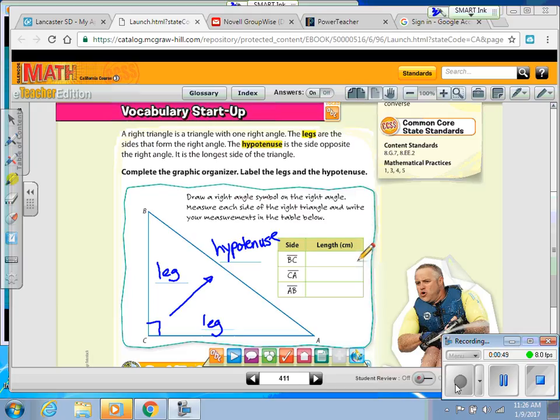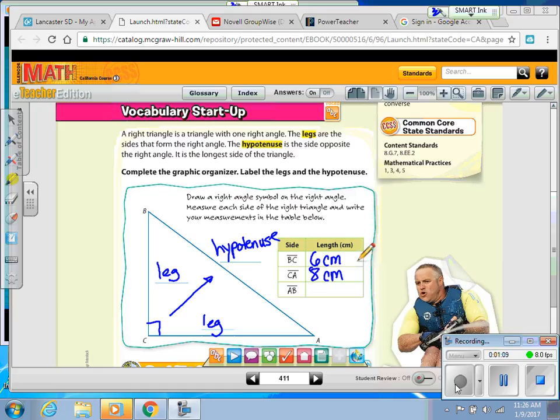Okay? Now, if we were to measure this triangle, which we're not going to do right now, I can tell you that BC is 6 centimeters. And CA is 8 centimeters.